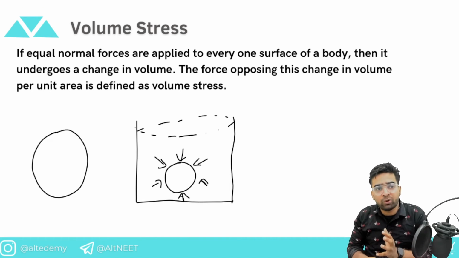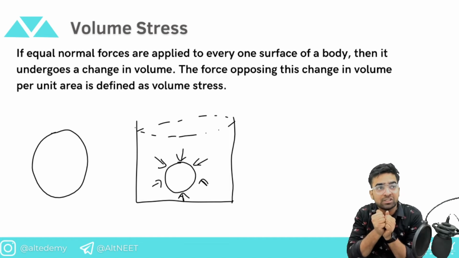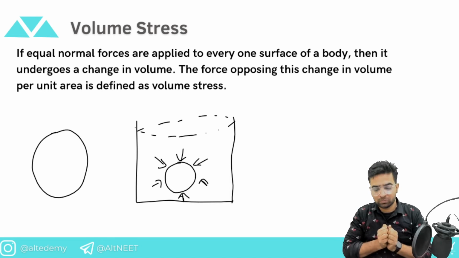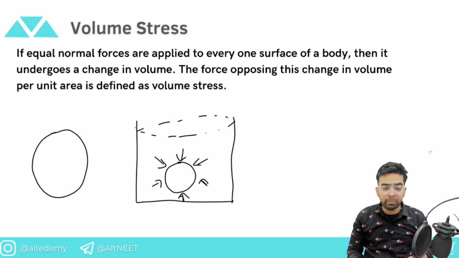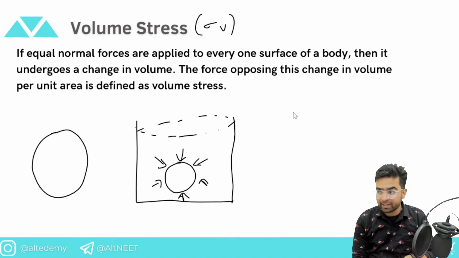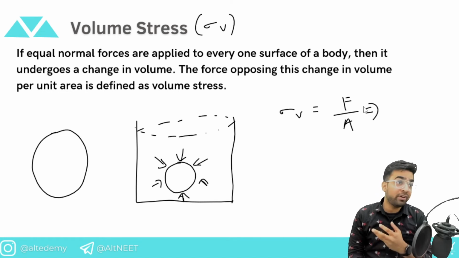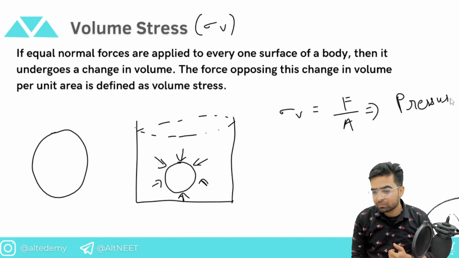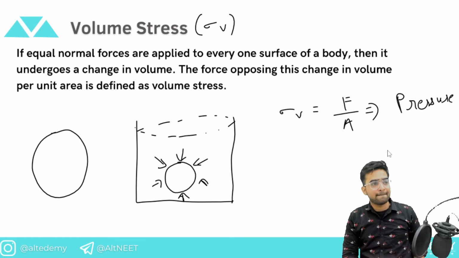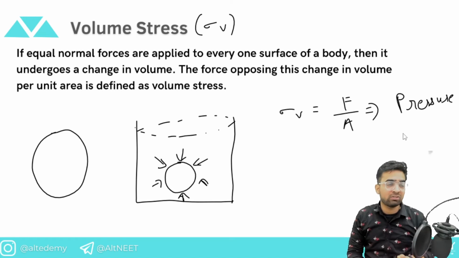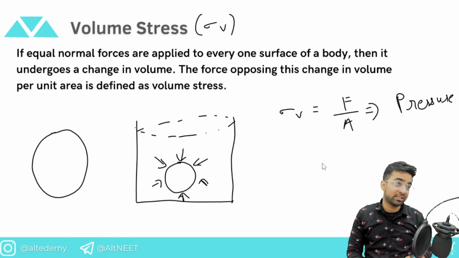So it is going to compress the balloon. It can be written as force upon area, and in this case we have a very good term called pressure. We can just have the value of pressure, and that is volume stress.